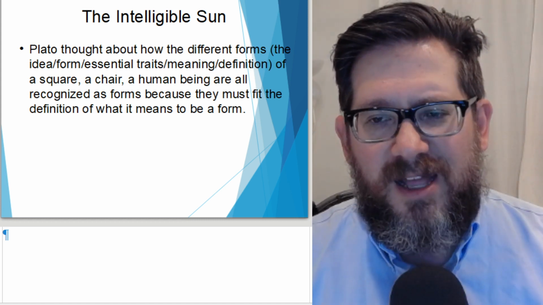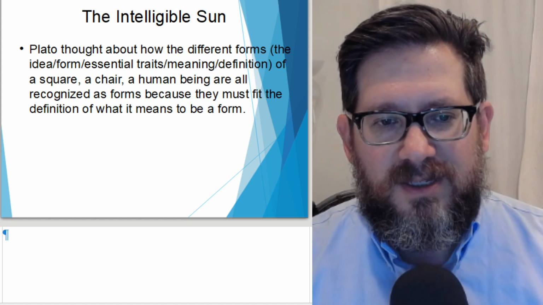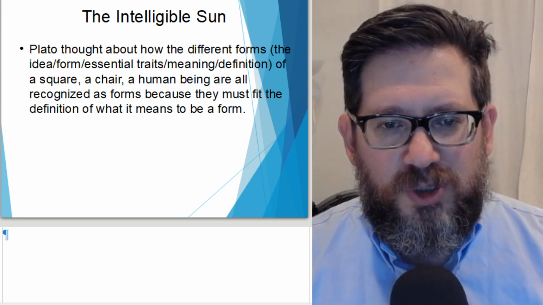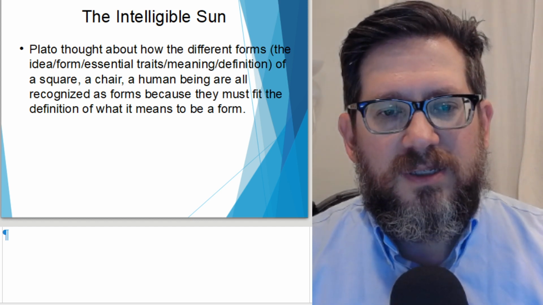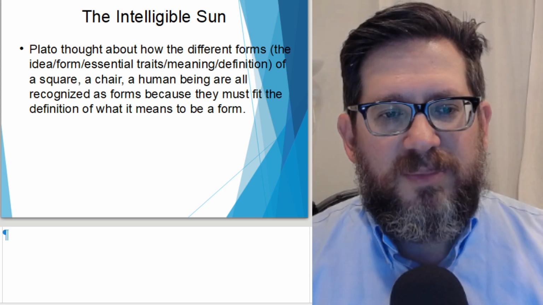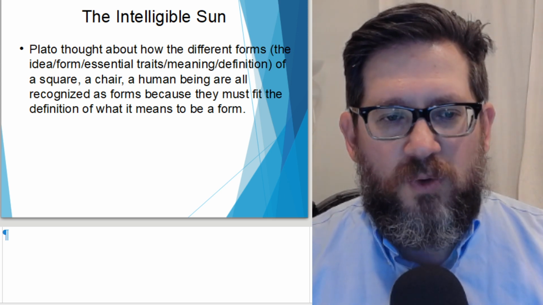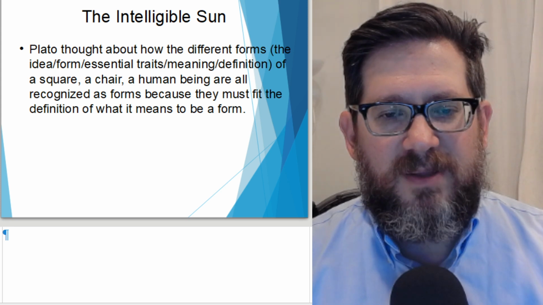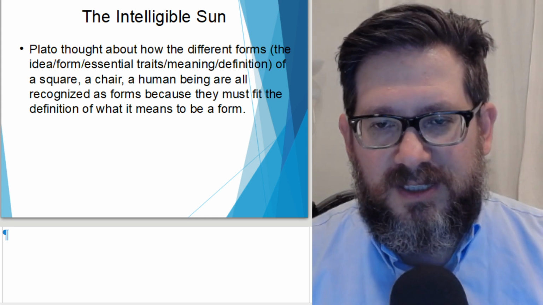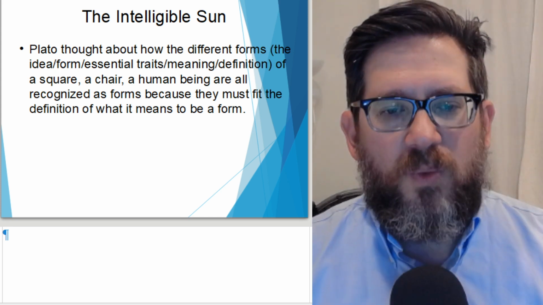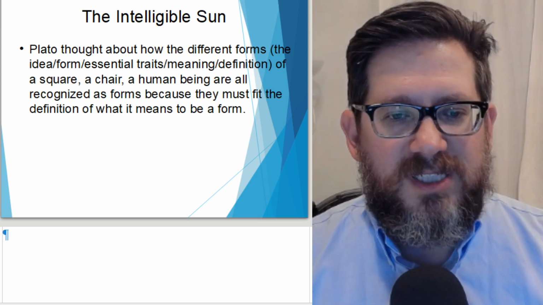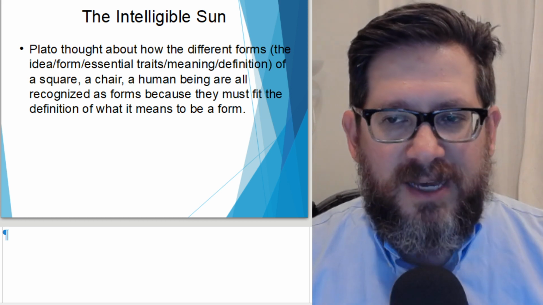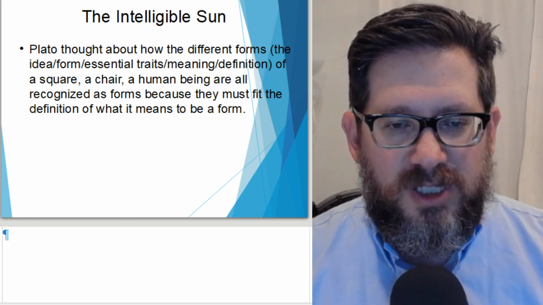We have this intelligible sun and this intelligible world, these two worlds. Now, Plato thought about how the different forms, and I have a whole list on that slide of different words we could use for the form: idea, form, essential traits, the meaning of something, its definition.